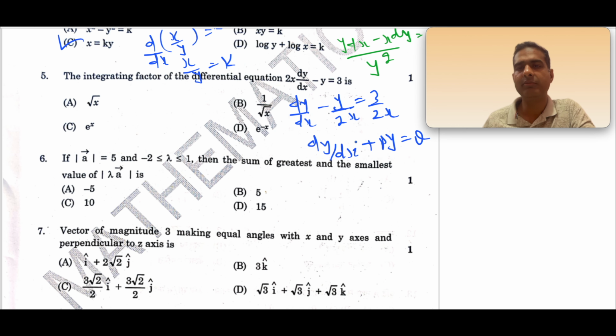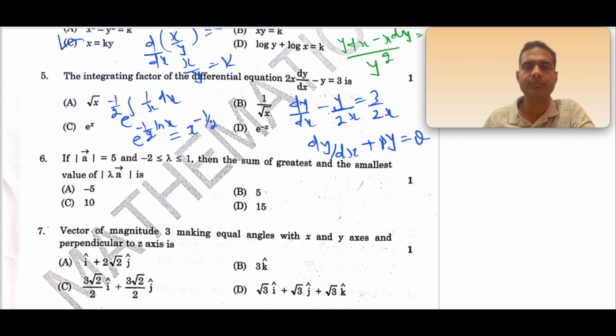Comparing, in place of p I have minus 1 by 2x, and the integrating factor is given by e to the power integral of p dx. So in place of p we have minus 1 by 2 times 1 by x dx. I will get e raised to the power minus 1 by 2 logarithm of x, which gives x to the power minus 1 by 2. That is 1 by root x. So option B will be our answer.